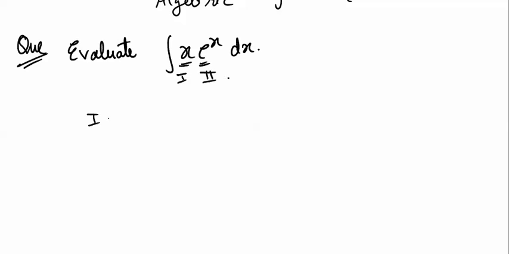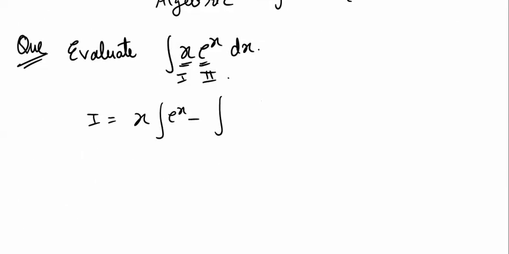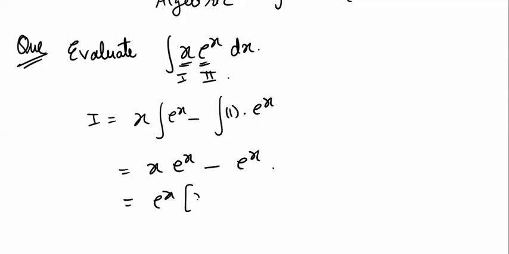I is first function into integration of the other minus derivative of the first, that is 1, into integration of the other. So it is nothing but x e raised to x minus e raised to x. So you can take e raised to x common, it is x minus 1. That's your answer, right?